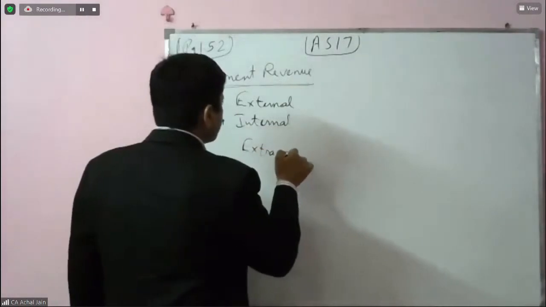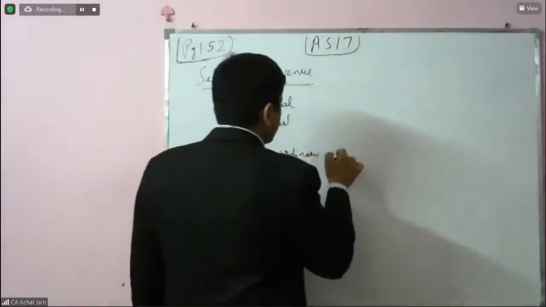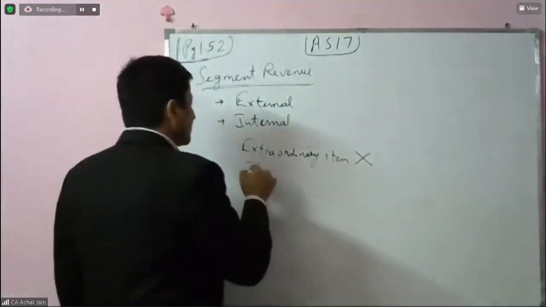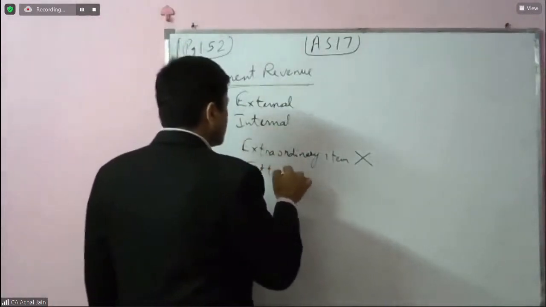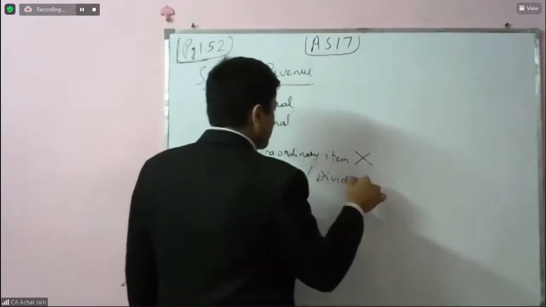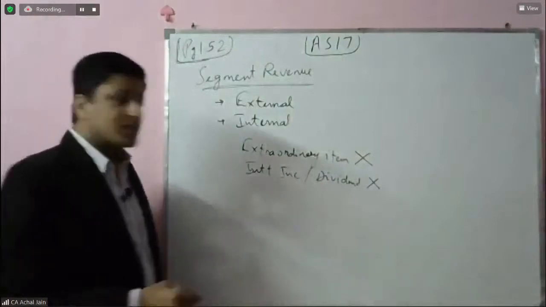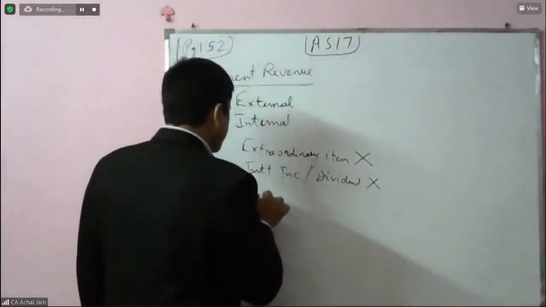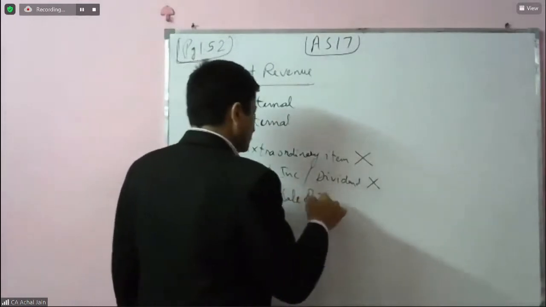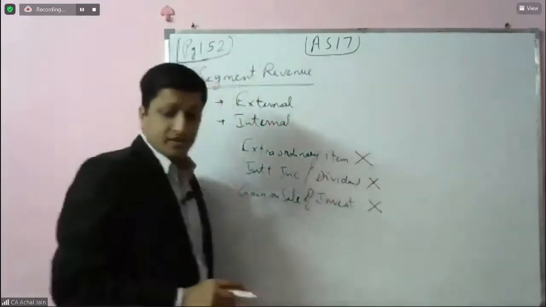Extraordinary item. This is excluded. Interest or dividend income. This is also excluded. Gain on sale of investment. This is also excluded.